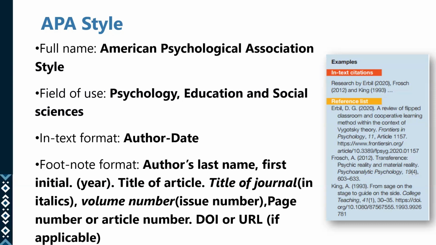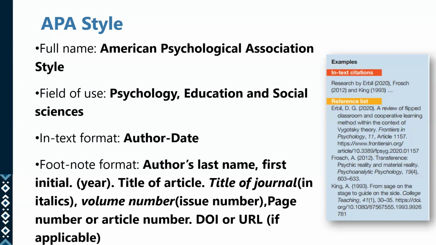Here you also see the author name and the first initial, but after that you have the year in round brackets, and then the title of the article, the title of the journal in italic, also the volume number in italic, and the issue number in round brackets, followed by the page number or the article number. And you can also put the DOI or the link if applicable, if it's an online article.